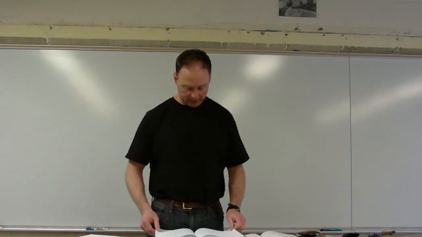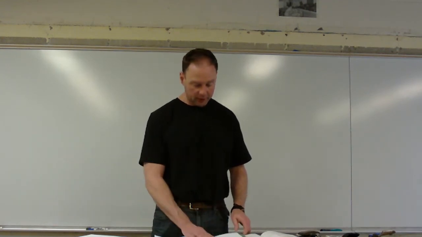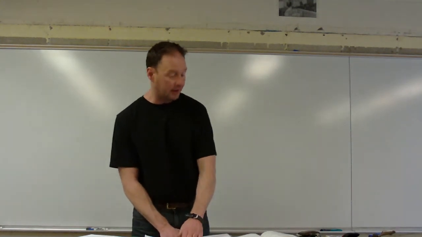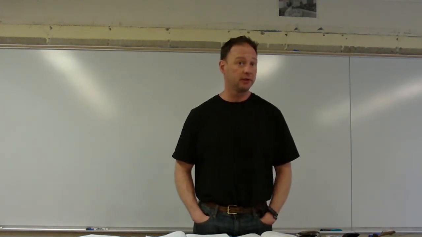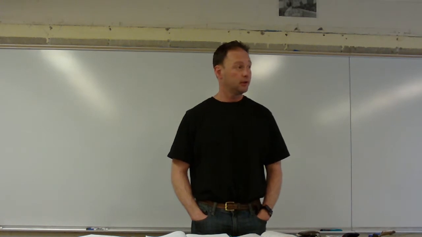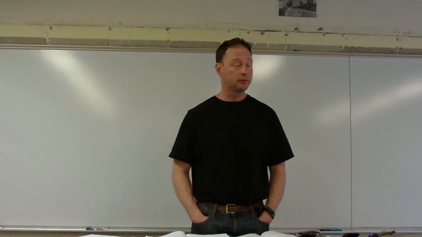Let me talk about some of the ones that I think you should have done for today. What we did last class is we looked at fermions, and we looked at the total wave function. For fermions, we determined that the total wave function had to be antisymmetric. So we considered two-electron cases, and we made two-electron total wave functions.